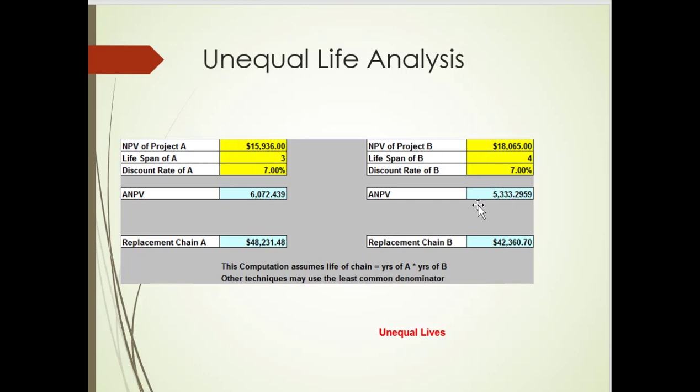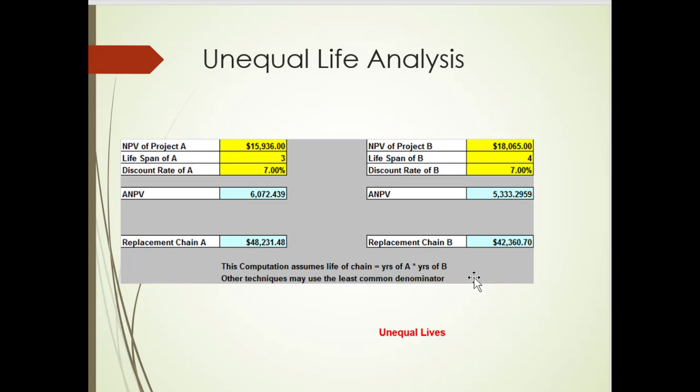So again, we would say, even though it has a higher net present value, project A is the better project because it provides, in quotes, annually a higher cash flow than what project B does.